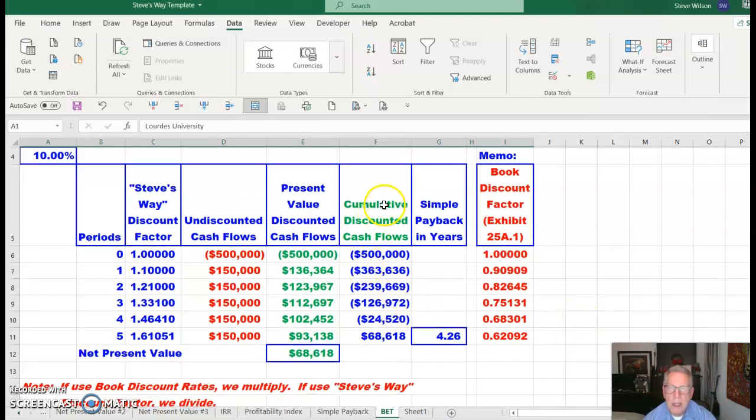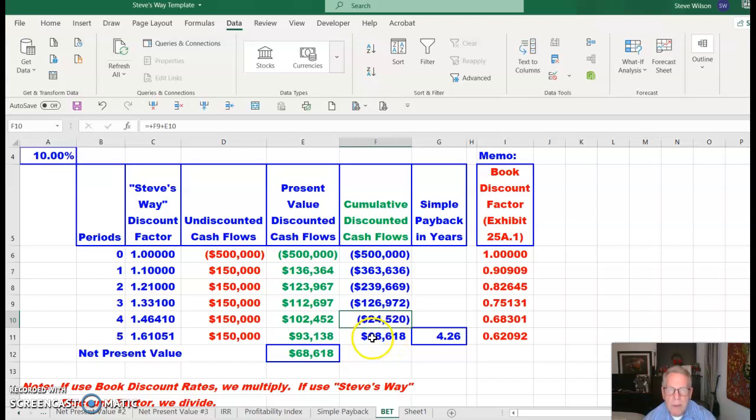And what we're doing here is the cumulative discounted cash flow. So I'm going to take this 500,000 and add each of these discounted cash flows to that. And you can see that it goes positive somewhere between the 4th and 5th year.